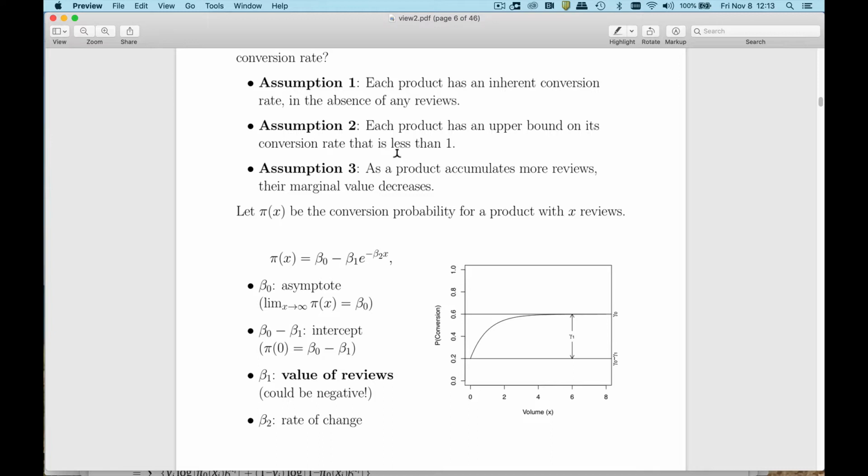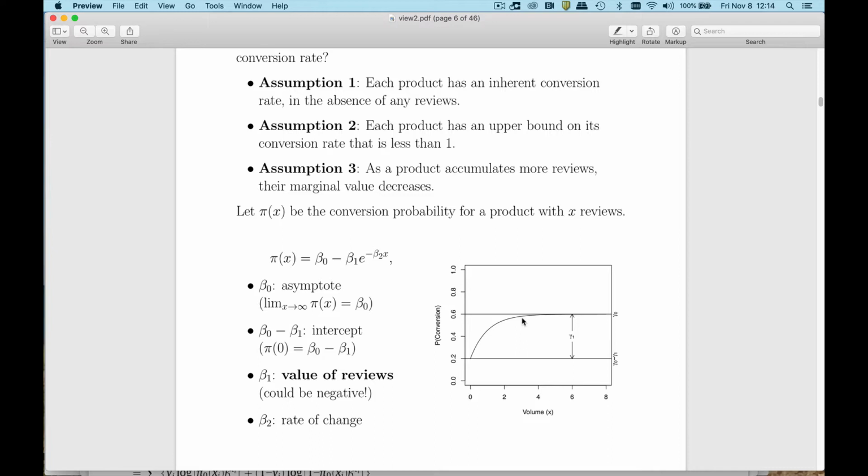If I had an infinite number of reviews, what would my conversion rate be? That would be this asymptote that I have. And then as reviews accumulate, presumably this conversion rate goes up.